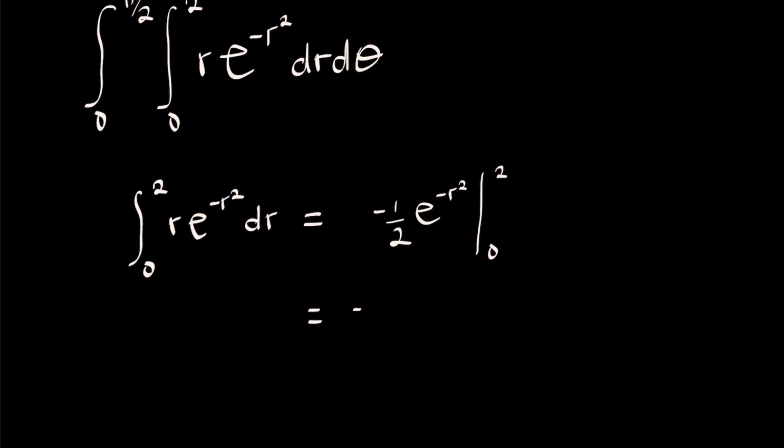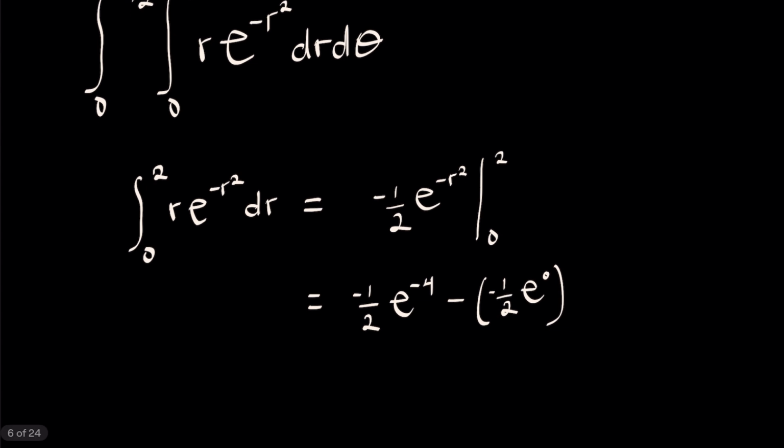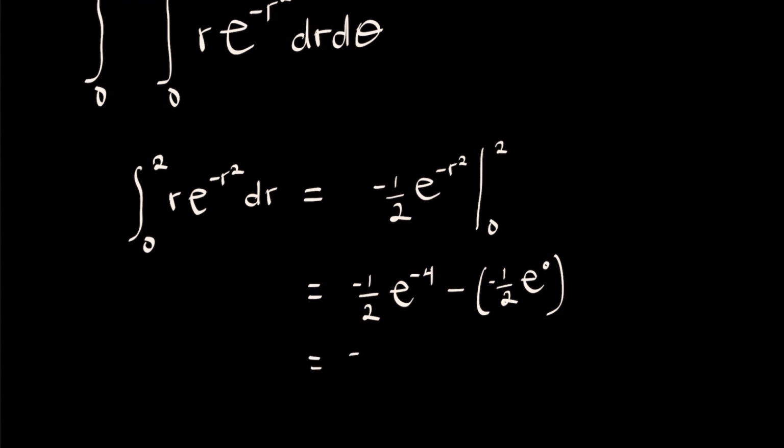Evaluating this gives minus 1/2 e to the minus 4, then minus minus 1/2 e to the 0. So this gives us minus 1/2 e to the minus 4 plus 1/2, because e to the 0 is 1.